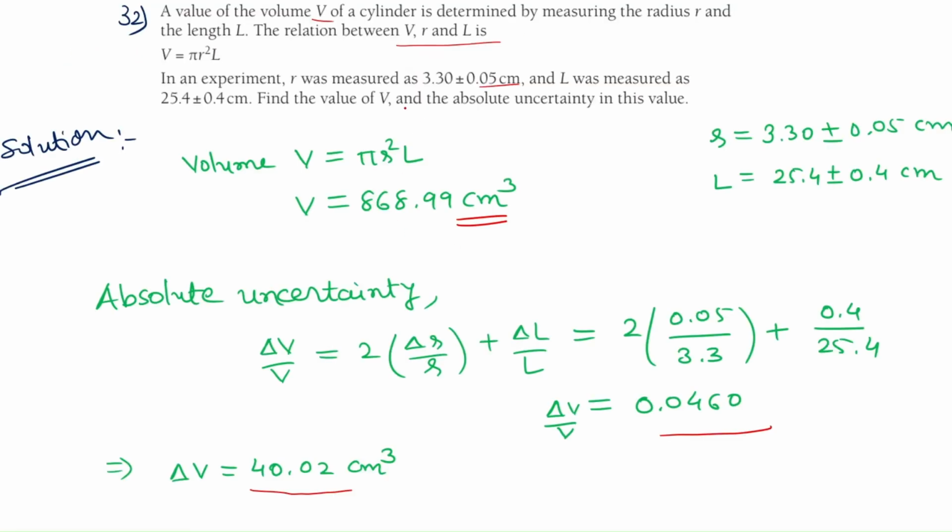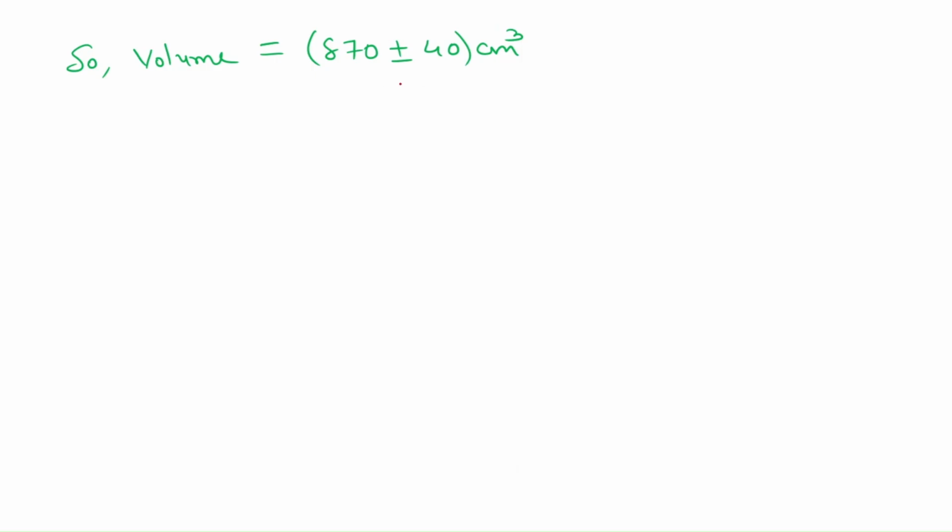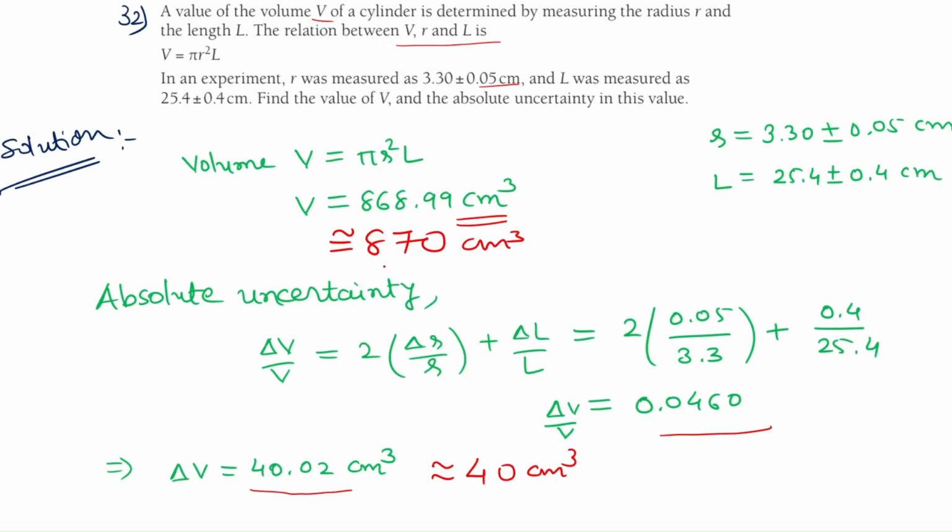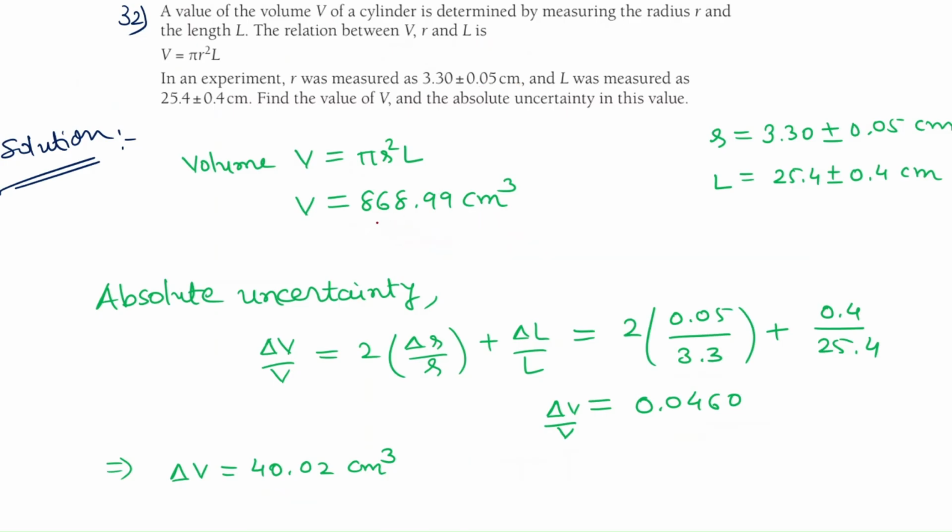Now we got the answer 0.046, the final value of delta V is 40.02, and the volume is like this. Here I approximated: it is like 870 cubic centimeters, and here it is 40.02, so you can also write just 40 cubic centimeters. I just rounded off some figures here, so don't confuse yourself. You can also write it like this.